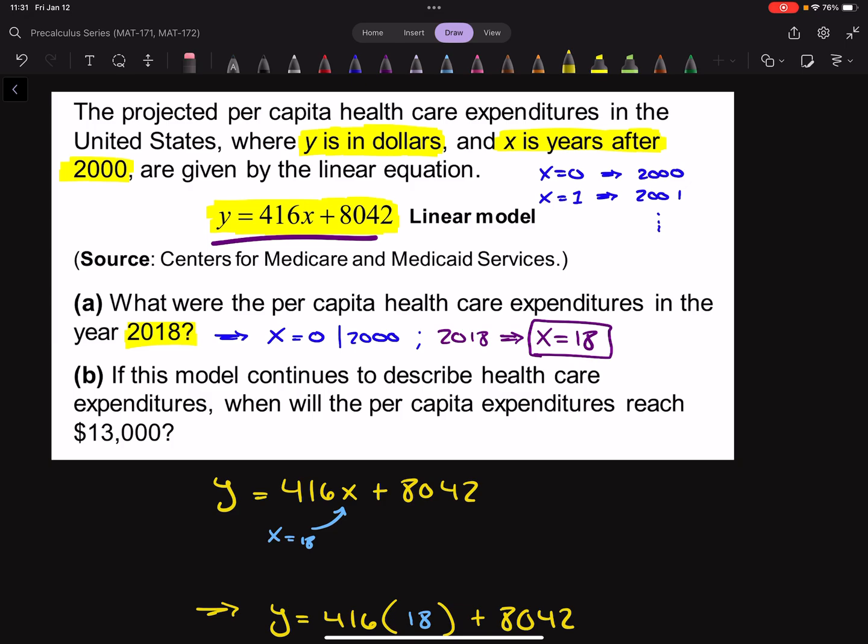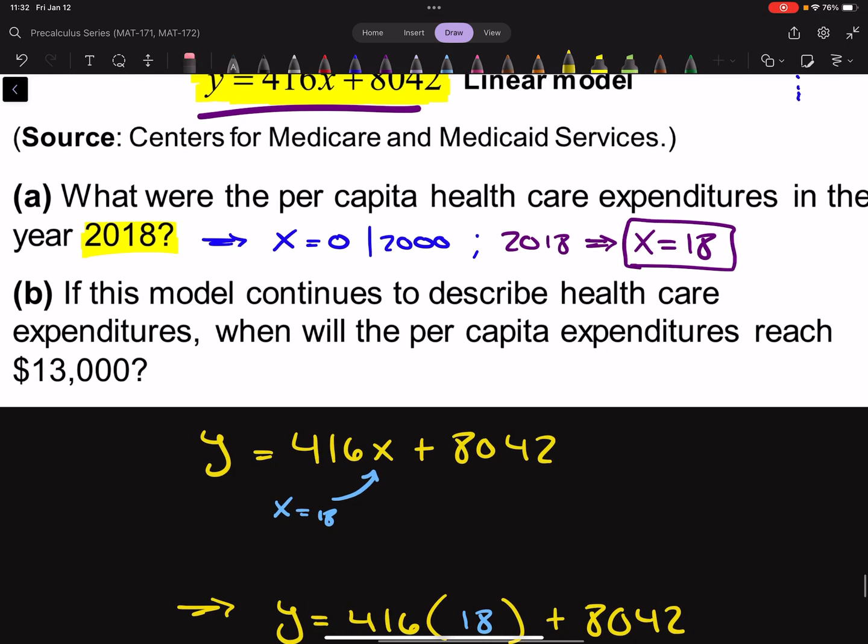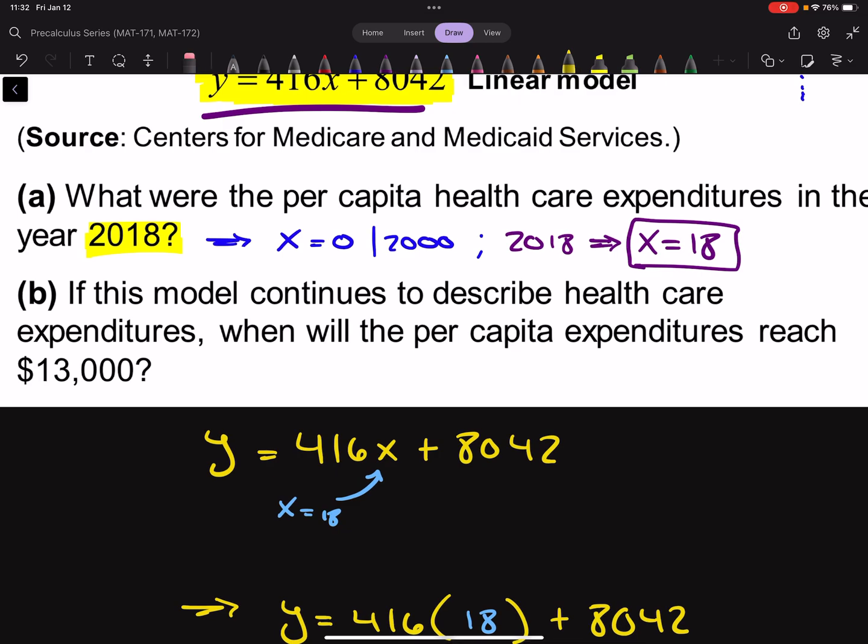And we'll see that in the very next part of this problem. It says, if this model continues to describe healthcare expenditures, when will the per capita expenditures reach $13,000? All right, so we're looking for when expenditures reach a certain amount of money.